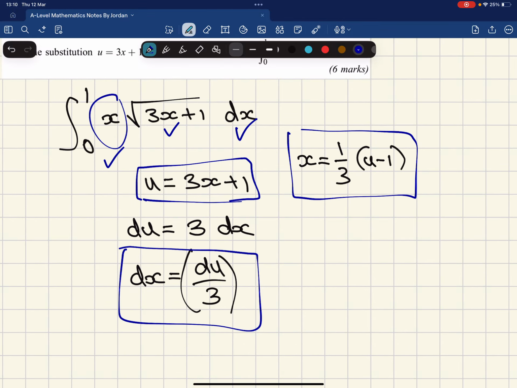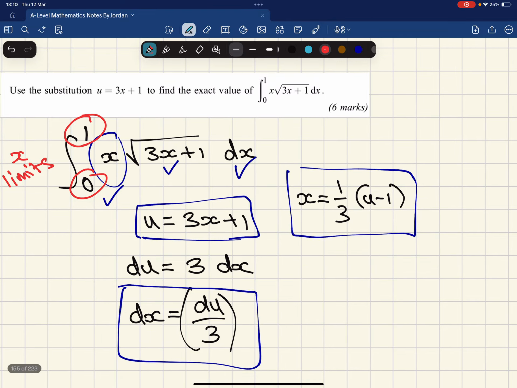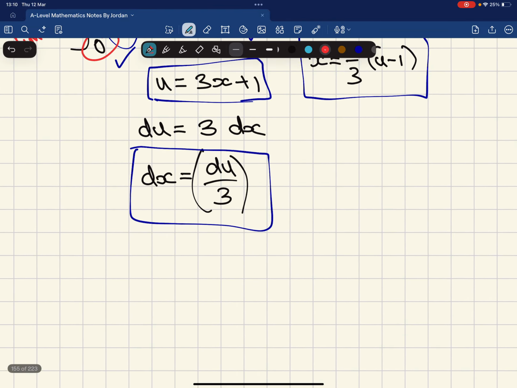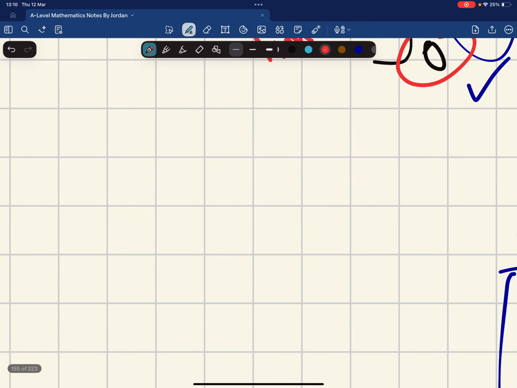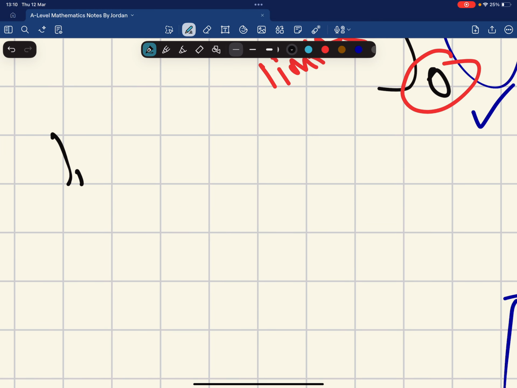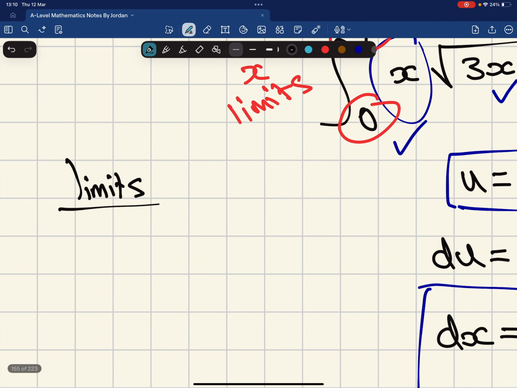Brilliant. Now, there's one other thing to consider now we have limits. So these limits, the 1 and the 0, are what we call x limits. Well, we don't need x limits, we need u limits. So I'm going to sort that bit out now. I'll write this over here. So I will just do this limit section, makes your life quite easy.